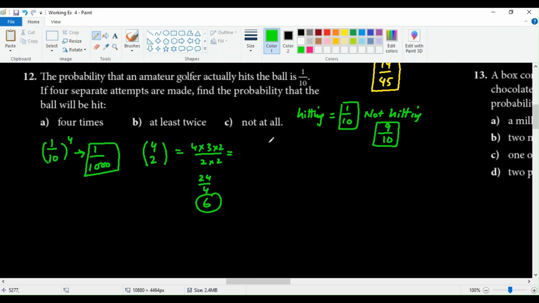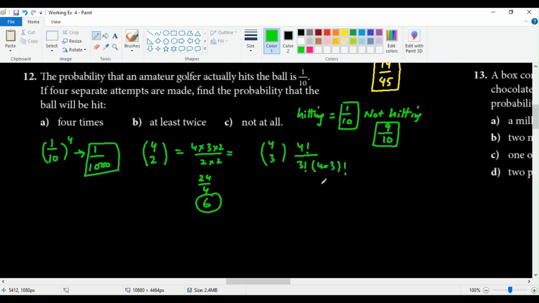Now we need to calculate 3 and 4. 4 and 3 to be precise. So this gives us 4 factorial, and the rule you know very well, 3 factorial and 4 minus 3 factorial.